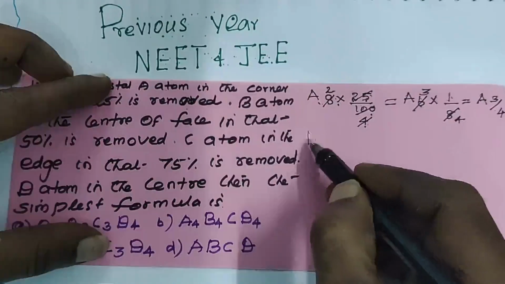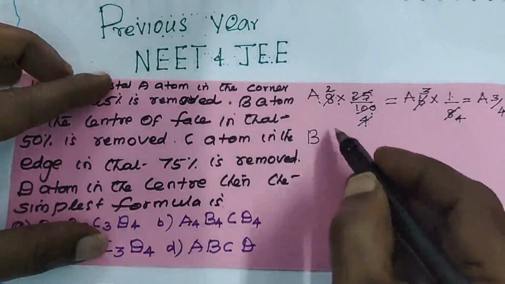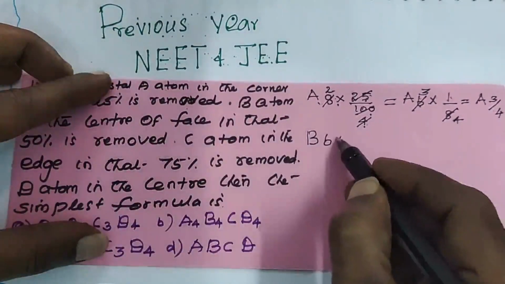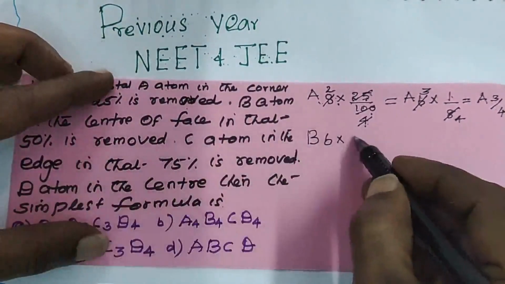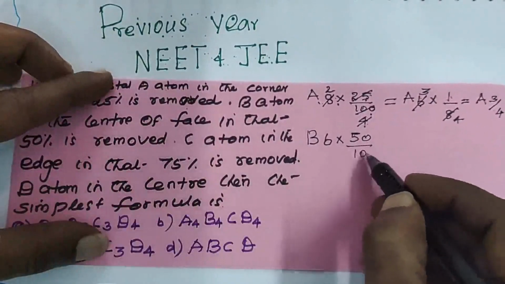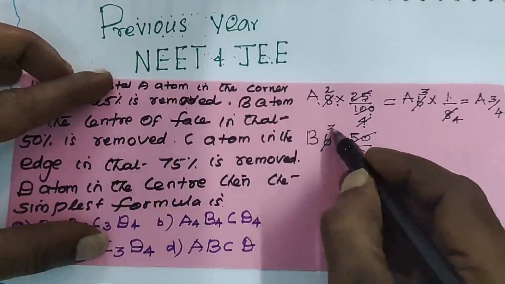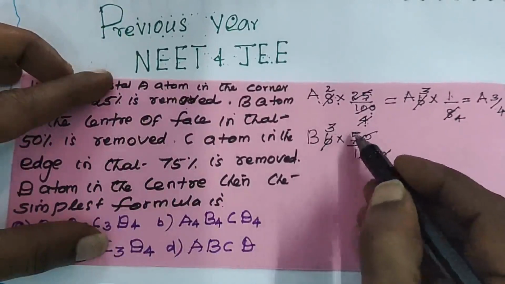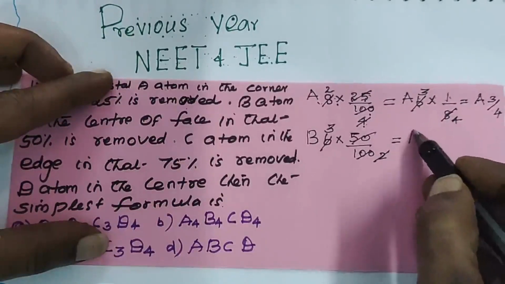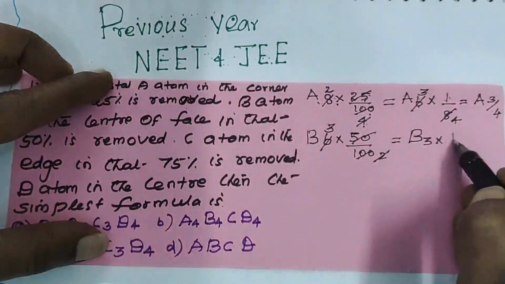Then B. Where is the B atom present? Center of the face. How many face centers? 6. How much percentage is removed? 50%. So 50 by 100 is 1 by 2, so of 6 atoms, 3 are removed. Remaining 3, contribution is 1 by 2.